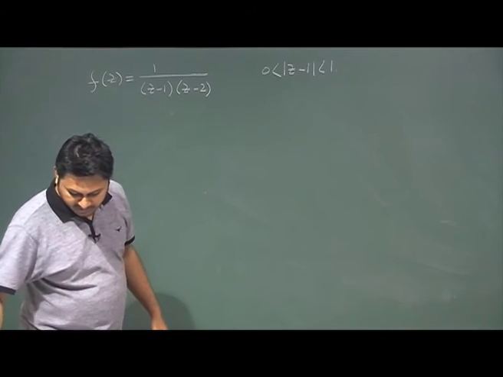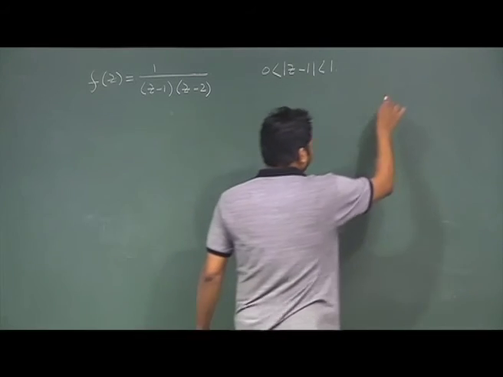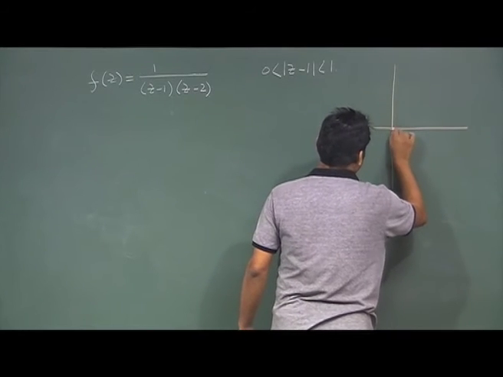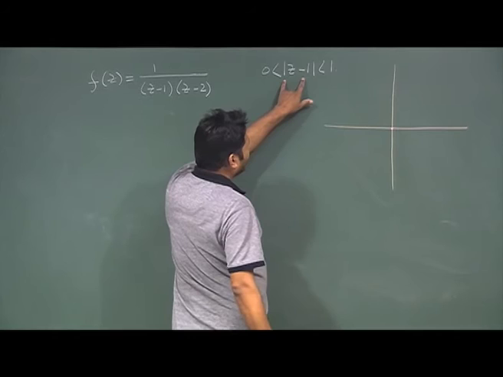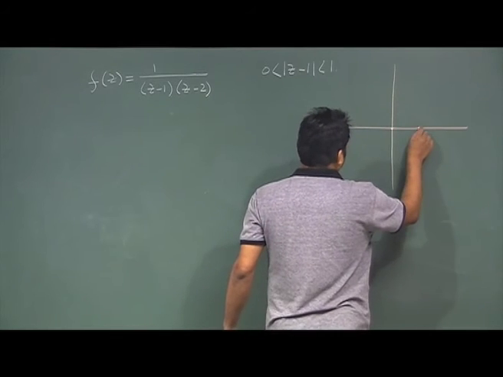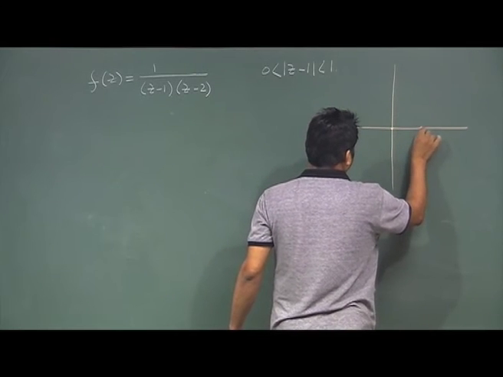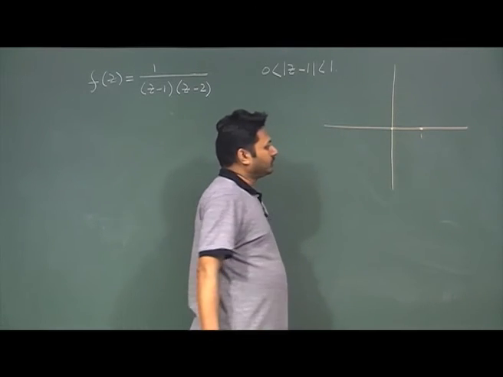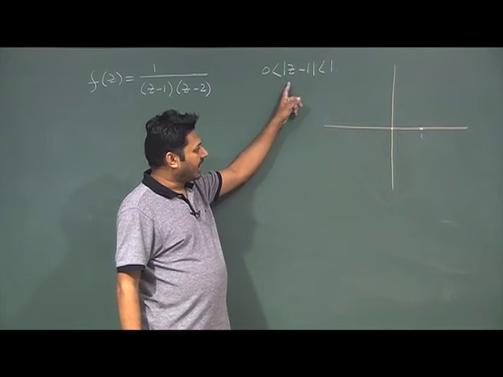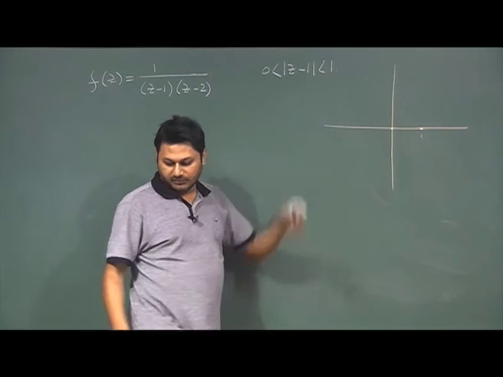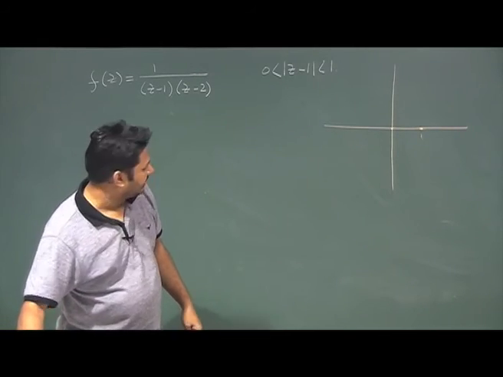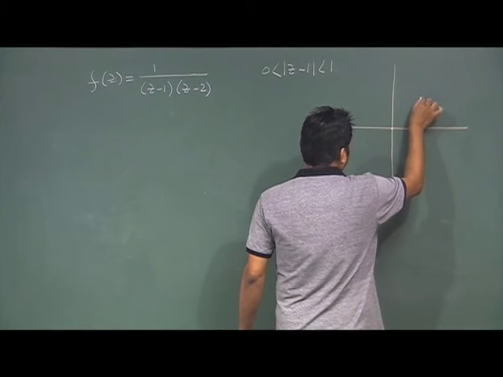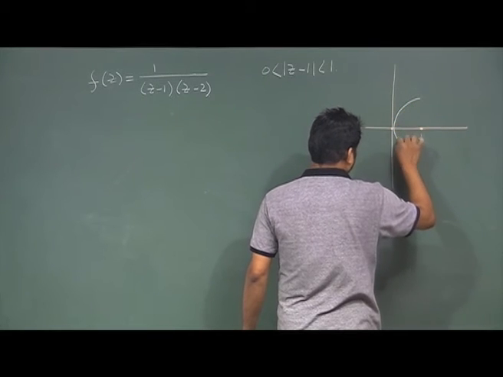So, again let us try to find out which region we are talking about. z minus 1 means I should have here some point. So, this is my point here, and having a radius 1, if I make a circle of radius 1, not equal to 1, less than 1, I should have a circle here something like this.